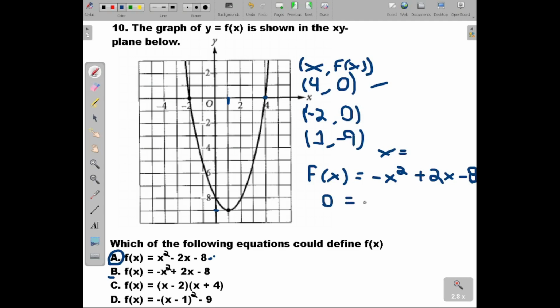So 0 is equal to negative 4 squared is 16, so negative 16, plus 2 times 4 is 8, minus 8. Is 0 equal to negative 16? We cancel out the 8. No, it's not equal. So that means that this point does not belong to this equation. Therefore, the right answer is A.